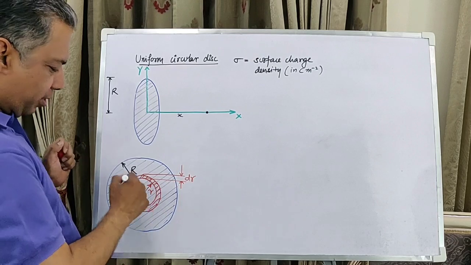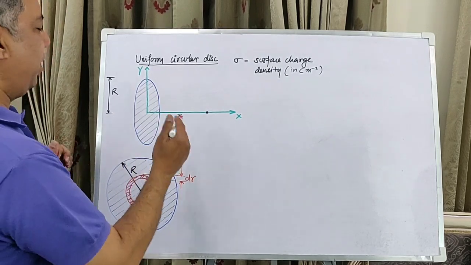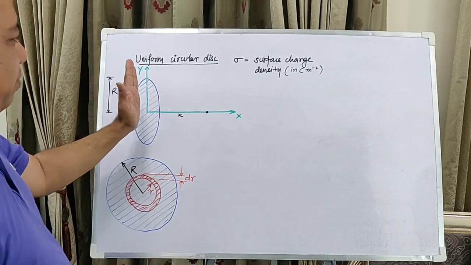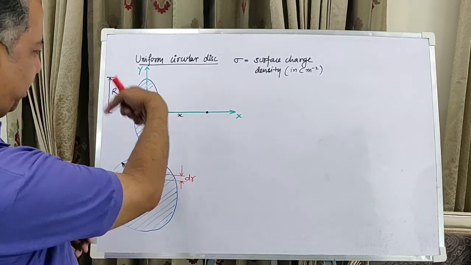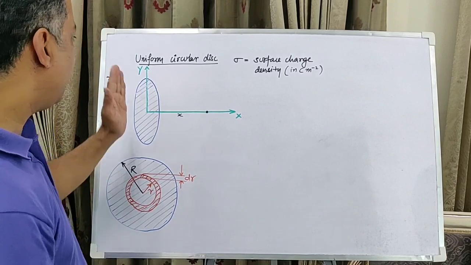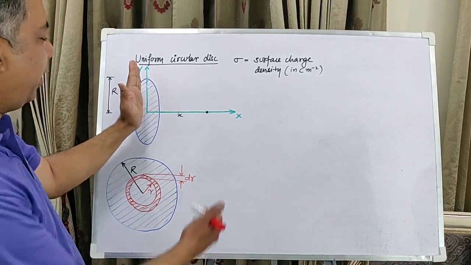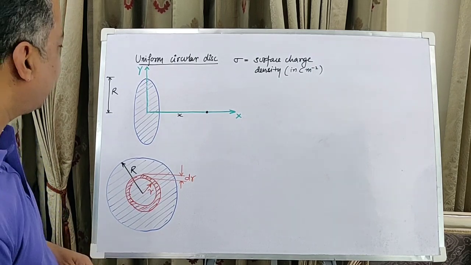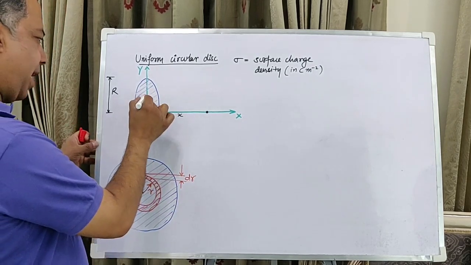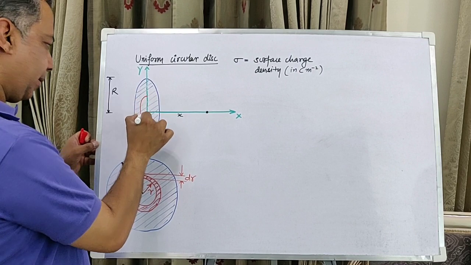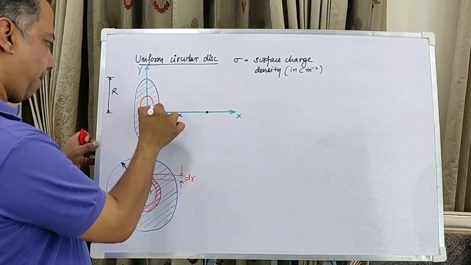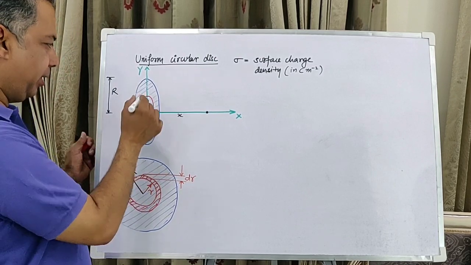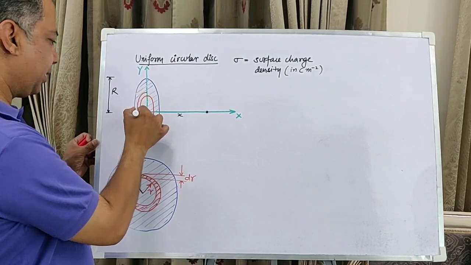So let me draw this ring in this diagram. This diagram shows the disk kept in the YZ plane. That's why it appears like an ellipse. The x-axis is the axis of this disk. Looking at the ring element that I've drawn here, it'll look like this.